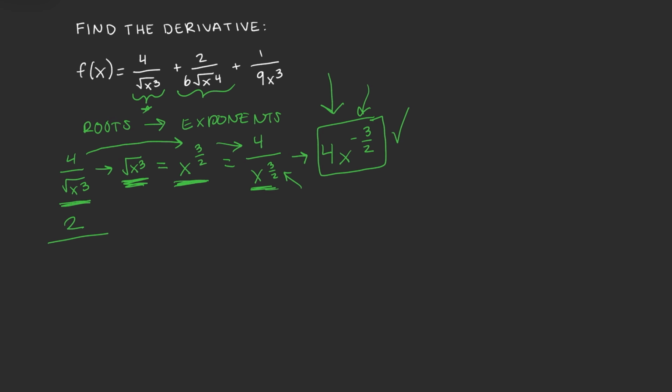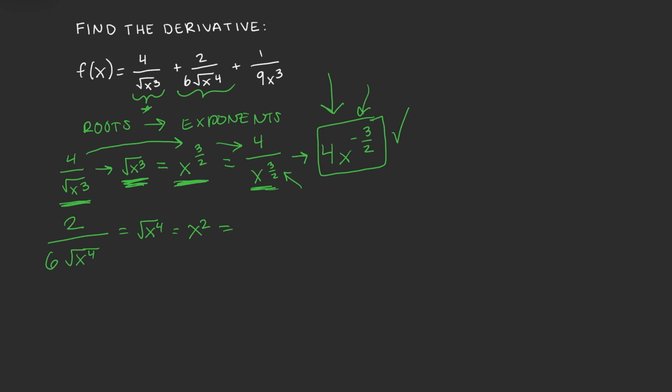2 over 6, the fourth root of x to the 4th power, put into a root. Okay, same thing. We're going to focus on just the root, which is x to the 4th power, rewrite that, which would actually be x squared. So that one's pretty simple.